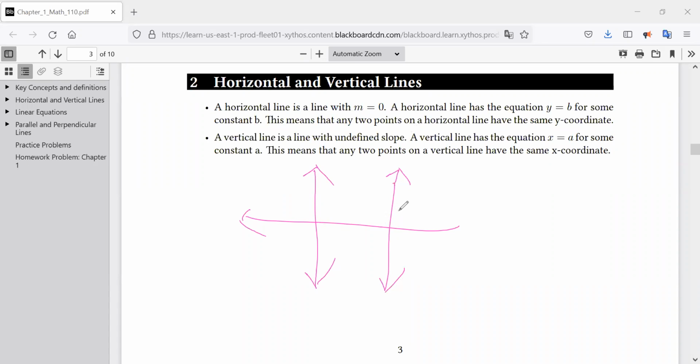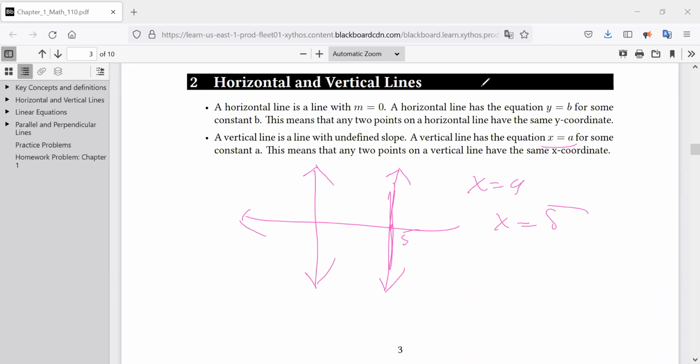It's kind of positive or negative infinity, but that's not how this really works. We can't just put in infinity as a coefficient. So what we have is x is equal to a. Let's say that this is x is equal to 5, then x is equal to 5 defines this, because the thing that is constant throughout this entire line is your x value for a vertical line. Your x value doesn't change at all, even as your y value spikes off to positive or negative infinity. Does that make sense?